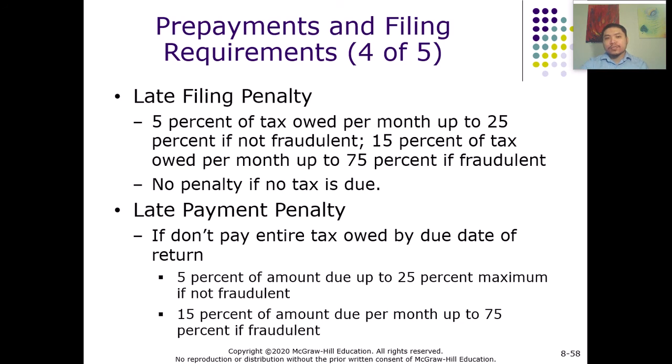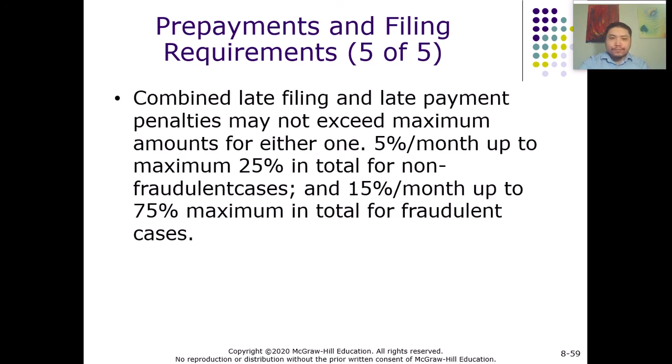Under the current law, if the taxpayer is subject to both late filing and late payment penalties, then they only need to pay up to 5% per month, or up to 25% if the cases are not fraudulent, and 15% per month, up to 75% of the total amount for the fraudulent cases.